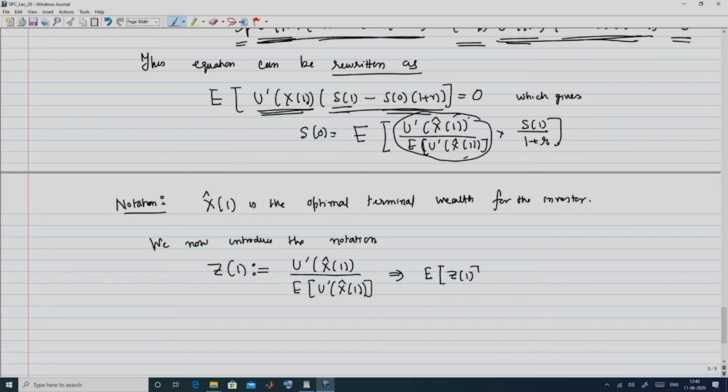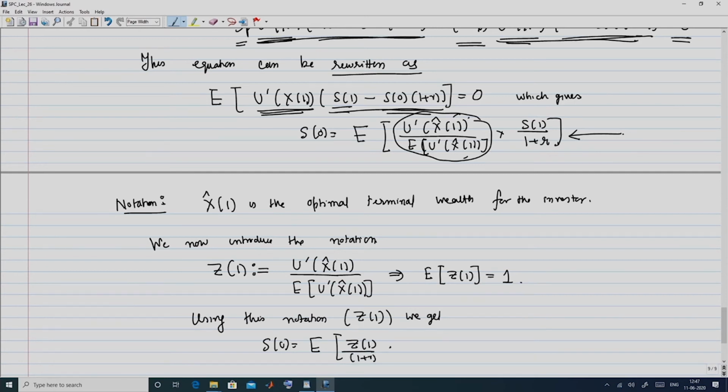So, the expected value of z1 is going to be equal to 1. So, using this notation that is z1, we get this value of S0 being written as the expected value of z1 over 1 plus r into S1.